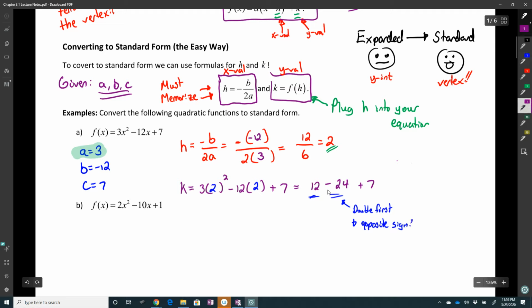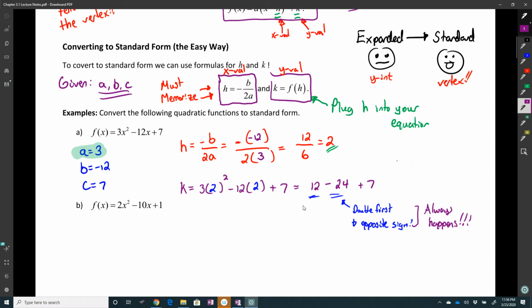This is a guarantee. So when you plug in your vertex and you get your three numbers, if the second number isn't double the first and opposite sign, then something's wrong. It's always going to be like that. If it was 6, it would be negative 12. If it was 5, it would be negative 10. If the first one was negative 3, this one would be positive 6. So anyway, that's just a heads up.